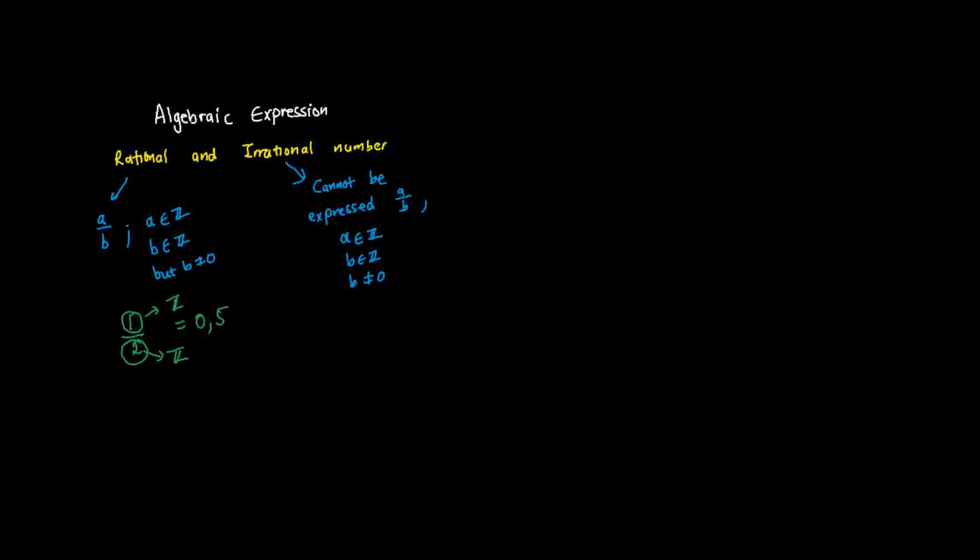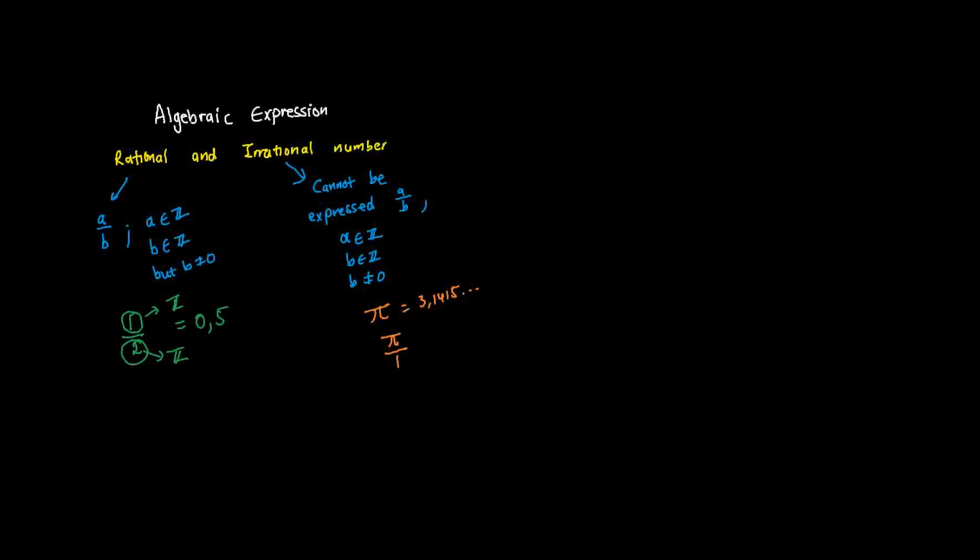Now, if I look at an irrational number, the most common irrational number is pi. Why? Because I cannot express pi as a fraction. It is the ratio of the circumference of the circle to the diameter of the circle, and it's always 3.1415 and so forth and so on, right? And it reaches to infinity. Now, one could argue, what about pi over 1?